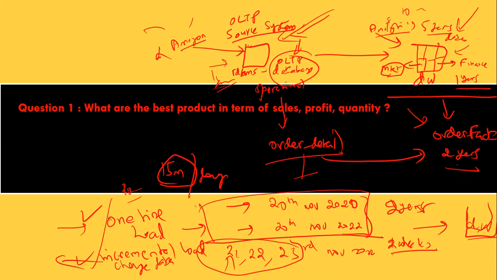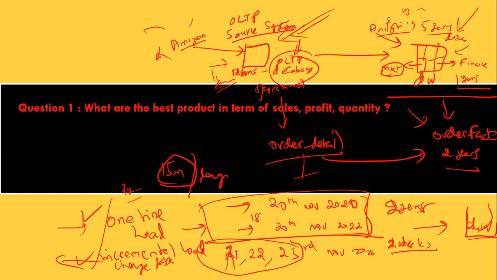There are also some other things you need to be aware of. I don't want to discuss them now, probably in another session. You might be asking, okay, whatever data comes in on 21, 22, 23, I will load into the data warehouse. Fine. For example, till 20th November we loaded the data.